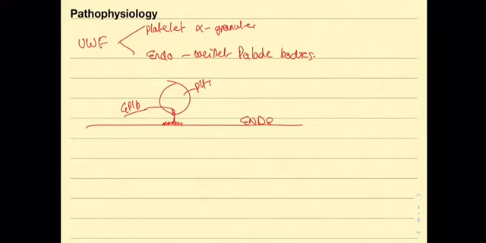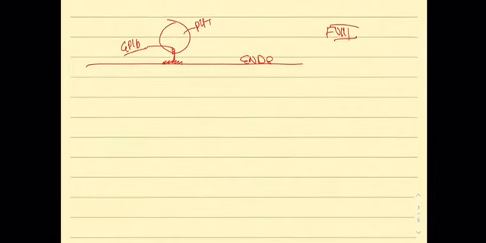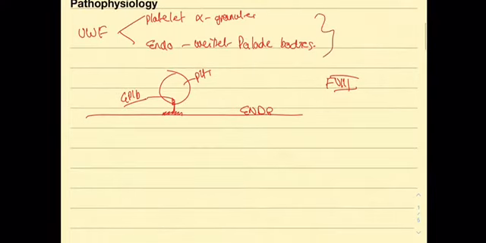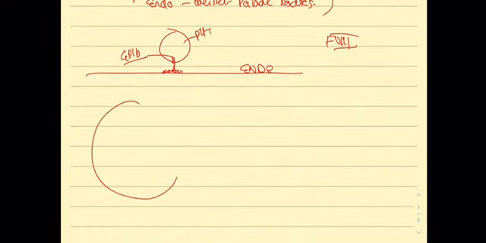Von Willebrand factor is also a carrier protein for factor VIII involved in secondary hemostasis. Now, when von Willebrand factor is produced from its two locations, it is produced as a large multimer. So this is a von Willebrand factor large multimer.